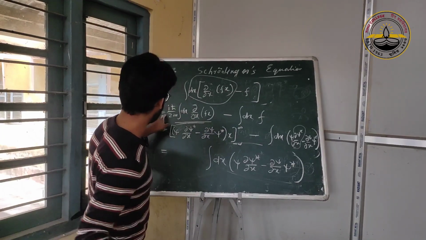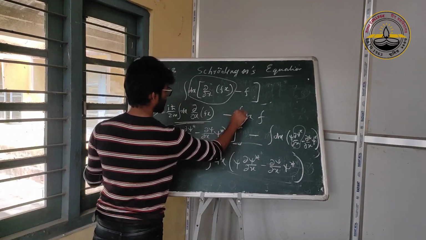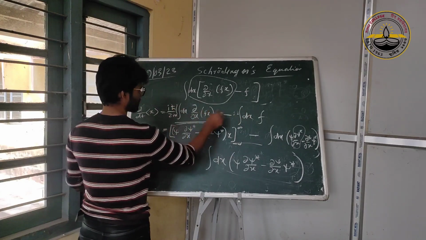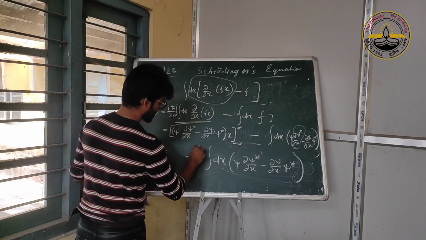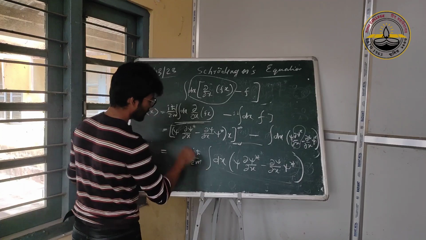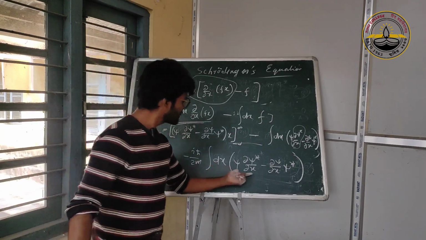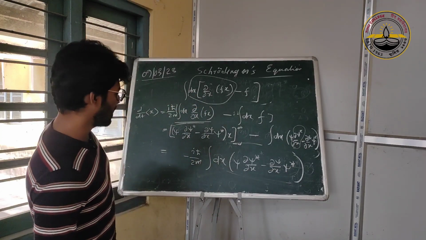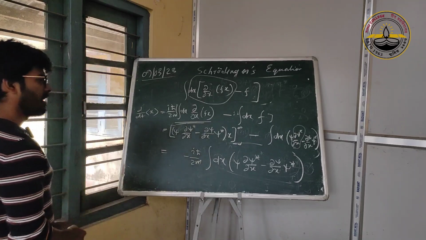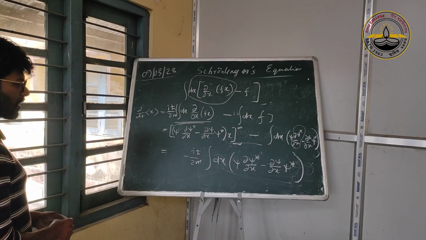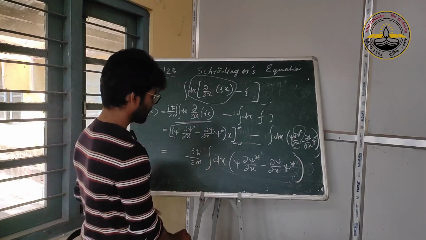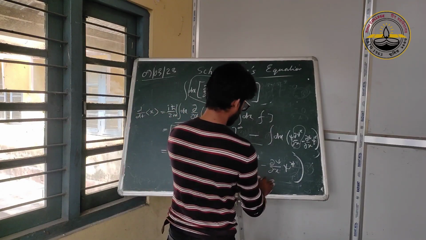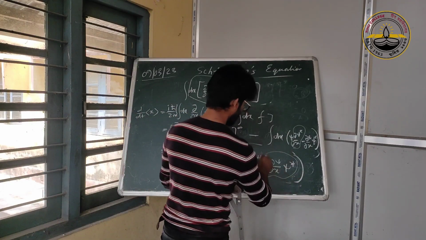There is this thing in there, i h cross blah blah blah. It was in front. So minus i h cross over 2m, right? We have these two things, and these two things you could apply at least on one of them. Let's say this one.